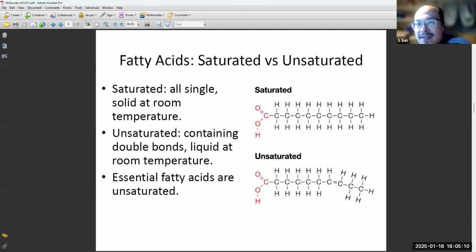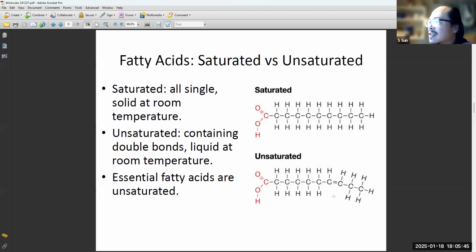Now you have this idea that you prefer to take unsaturated fatty acids. Then where do you get them? Saturated fatty acids have a linear structure, with a homogeneous single bond throughout the carbon chain. When you have a lot of these together, they pack very well because there's no kink.